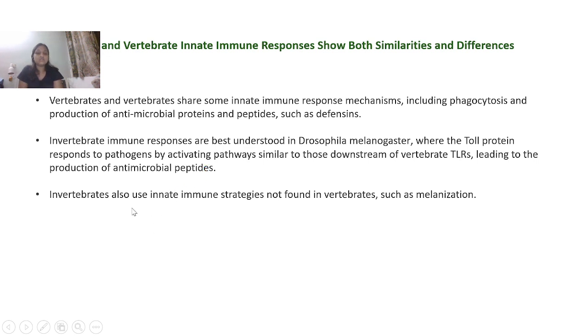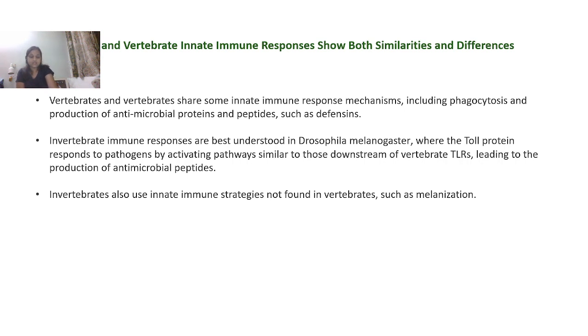Also, invertebrates use innate immune strategies not found in vertebrates, such as melanization. They change their colors, and they protect themselves, which is not found in us, obviously.